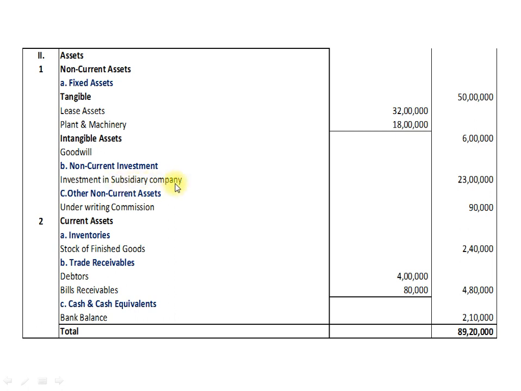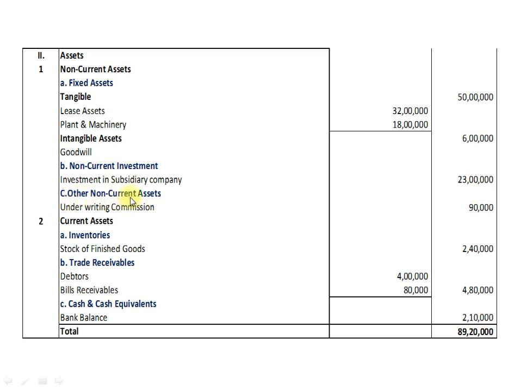When one company acquires the voting rights shares, normally equity shares, 51% or more in the other company, in that case, that other company is known as subsidiary company of the shares buying company. So here we have made investment in a subsidiary company. So it is our non-current investment, that is a long-term investment worth rupees 23 lakh.